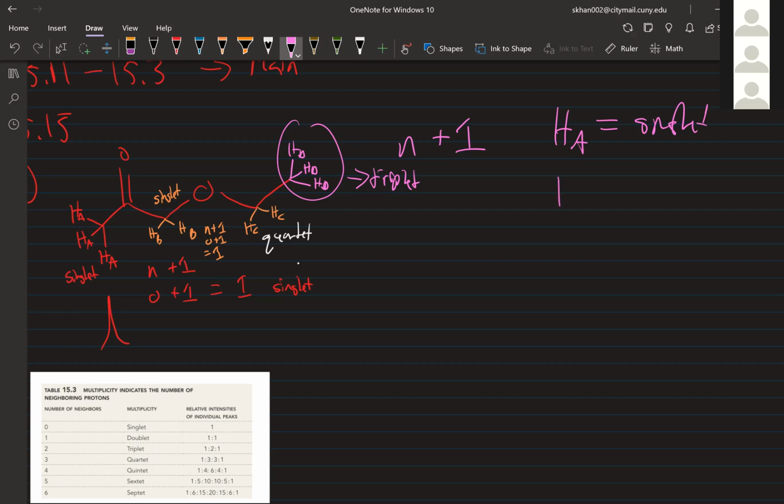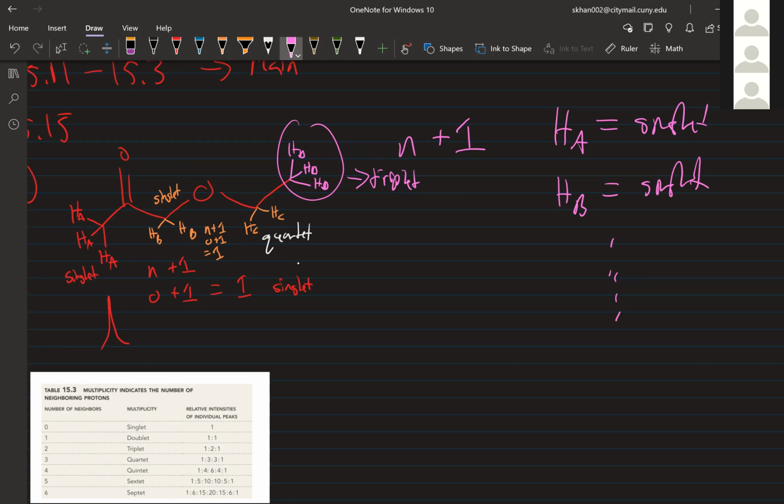Then you can write HB is a singlet as well. And down, you'll write HC is a quartet, HD is a triplet. So if you see that kind of question, this is how he expects the answers. I map out every proton and everything that's equivalent, give it the same letter. So these are all HAs, this is all HB, this is all HC, this is all HD. And then you could on the side write the multiplicity for each of those different protons.